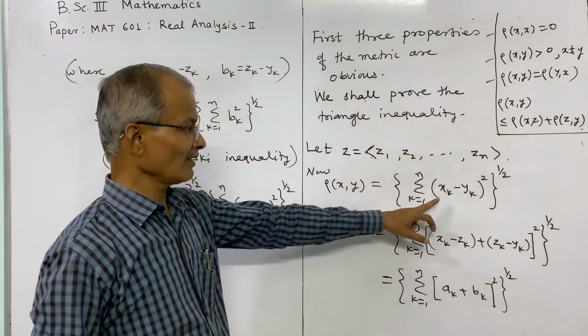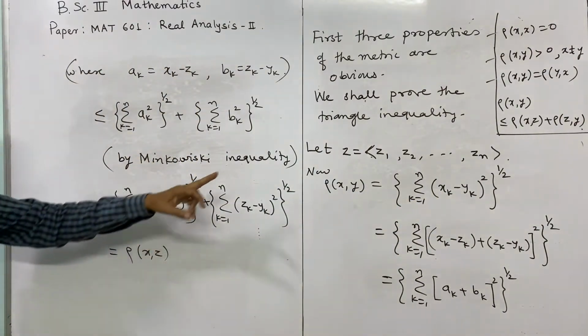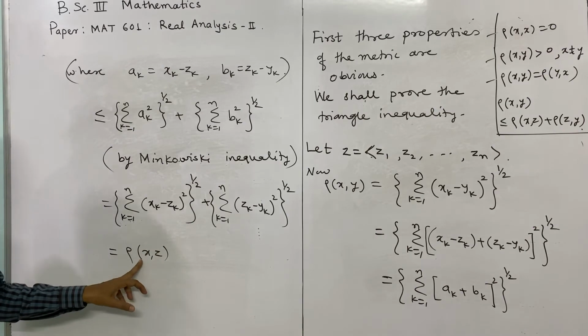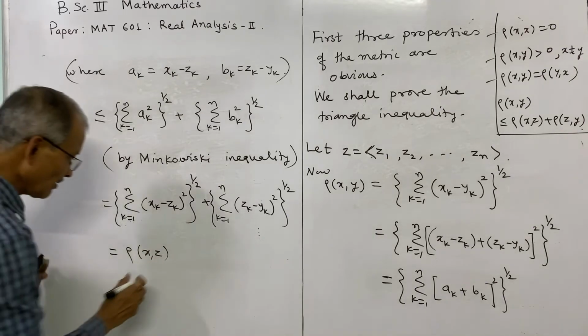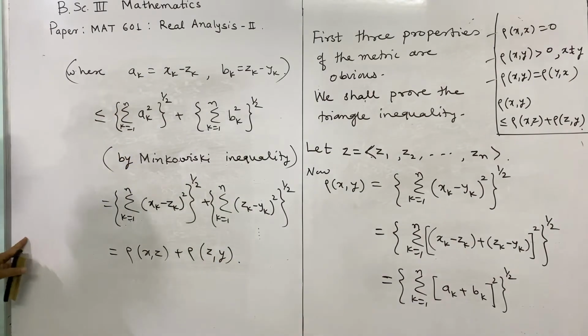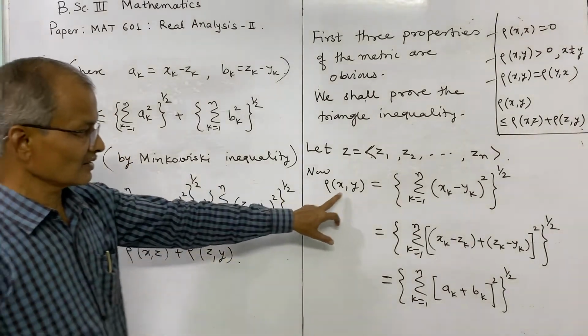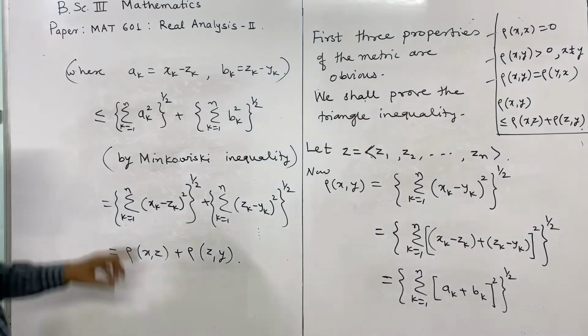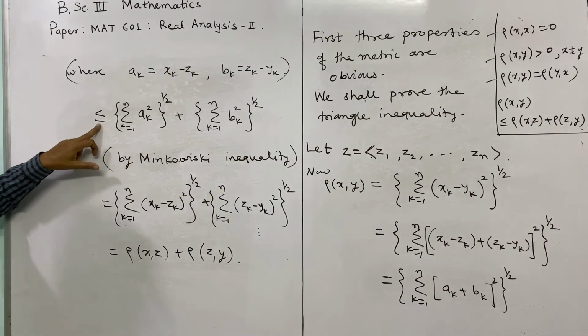See, rho of x and y is this. So instead of yk here it's zk. This is rho of x and z plus rho of z and y. And the starting is rho of x and y, and there is the inequality less than or equal to.